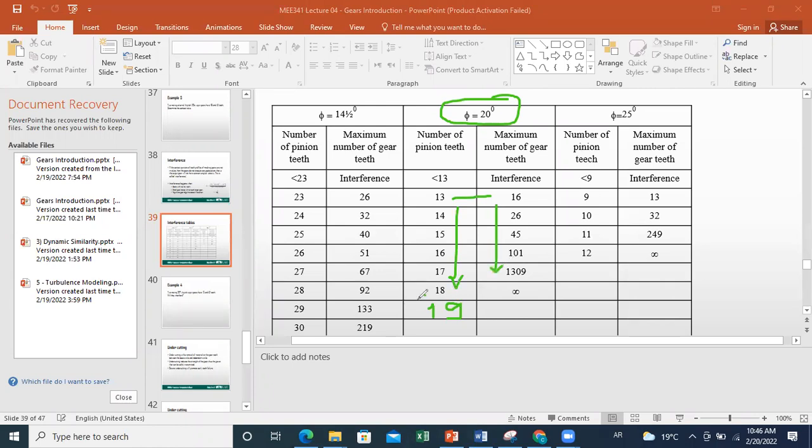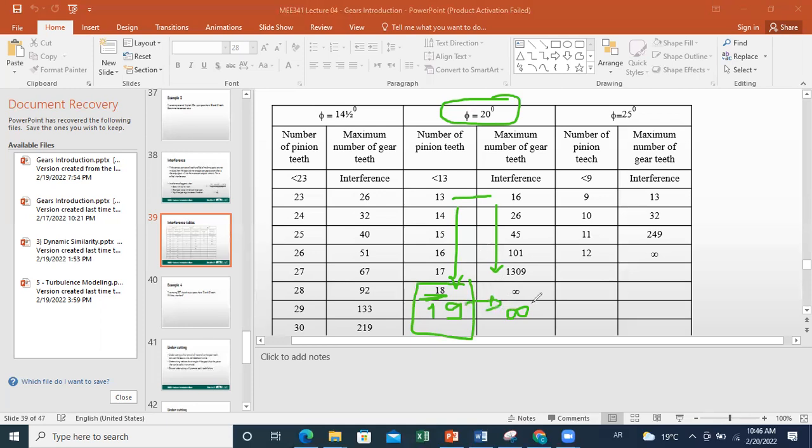After 18, from this table, you can see that the maximum number is infinity. What do we mean by this? We mean that whatever the number of gear teeth is, of course higher than the number of teeth in the pinion because of the ratio, there will be no possibility of interference. You don't have to worry about interference if your number of pinion teeth is larger than 18, and you can choose the corresponding number of gear teeth depending on your design.